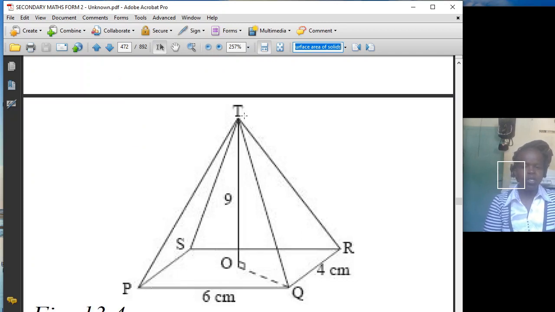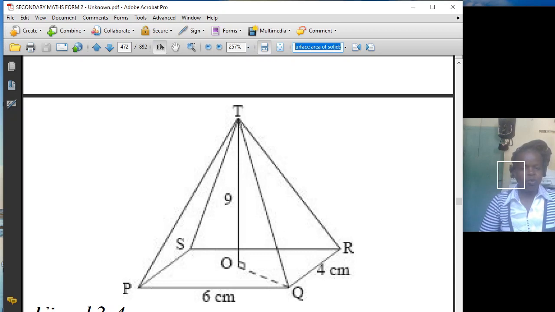For this case, you need to move step by step to get the measurements that you'll use in calculating the area of the triangular faces. It needs some steps. First, you need to get the slant height for this triangular face.